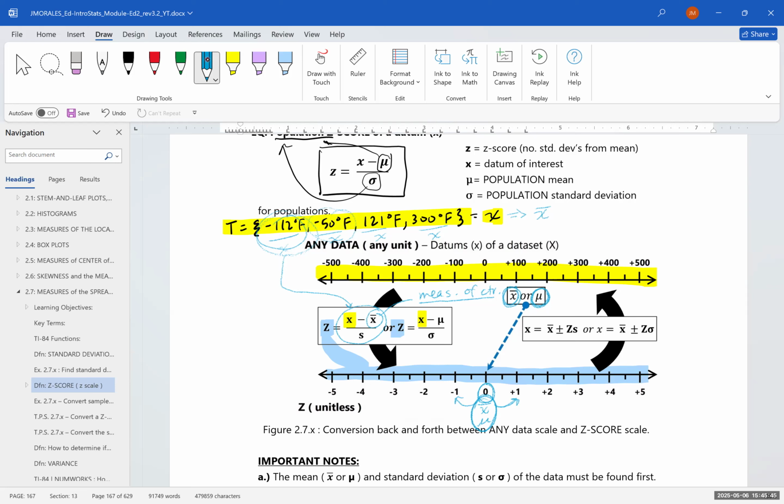So that's where this conversion of units takes on a statistics angle, is because we're using these properties of statistics to do our unit conversion. And the center of the z-scale has a value of 0, and that is the value that coincides with our sample mean or our population mean.